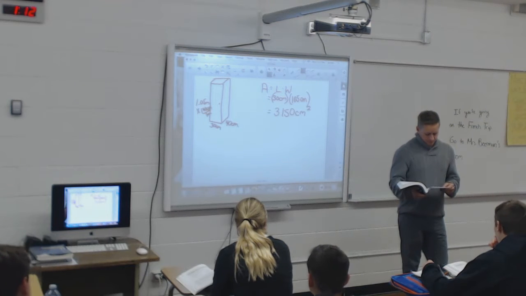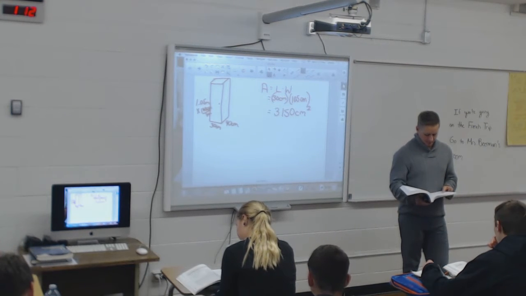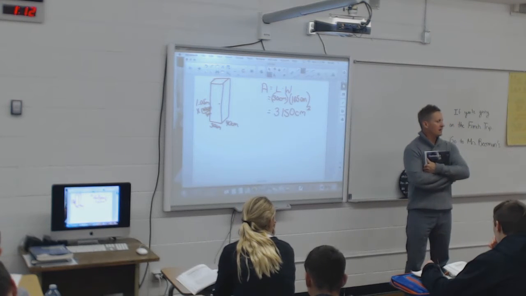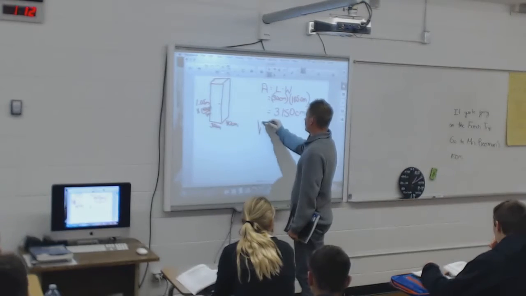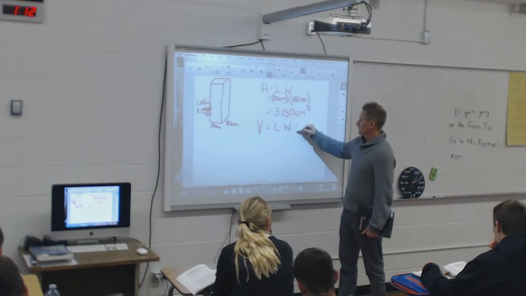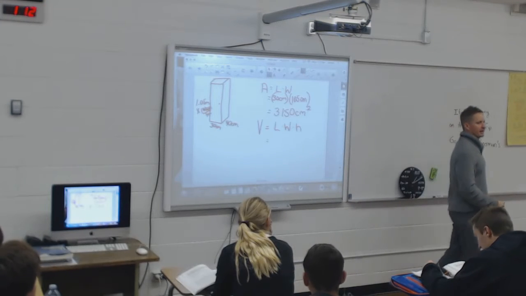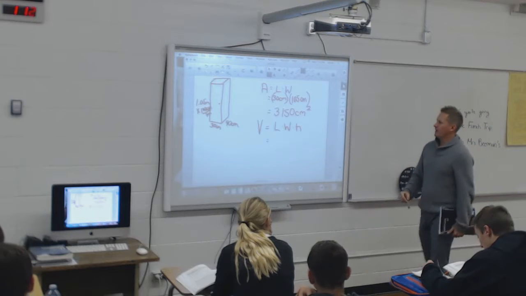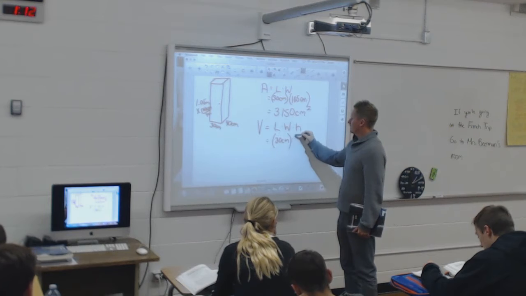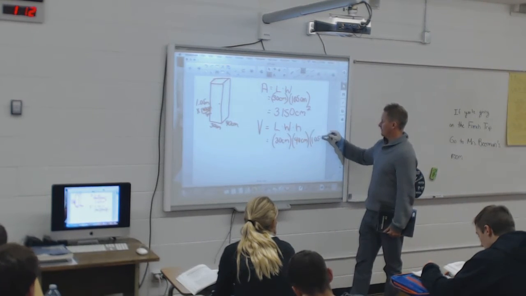So it also says, how much space is there inside the locker for the balloons? Okay. So what am I looking for if I'm looking for space? Volume. I'm looking for volume, right? And how do I find the volume of any rectangular solid? Just like that. Good. Okay, so length times width times height. All right? With my length being 30 centimeters, my width is 40 centimeters, and my height is 105 centimeters.